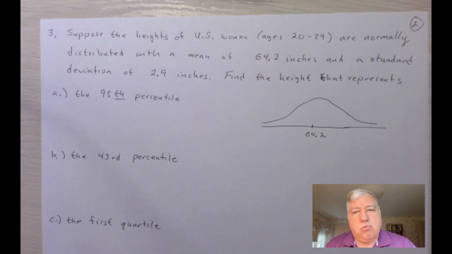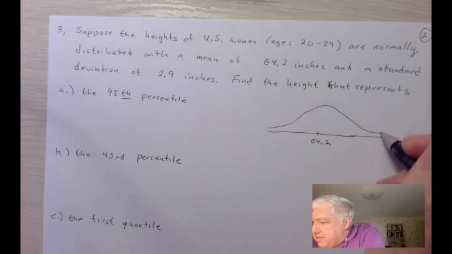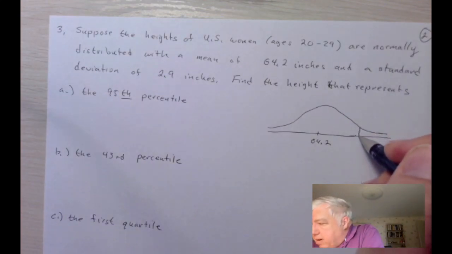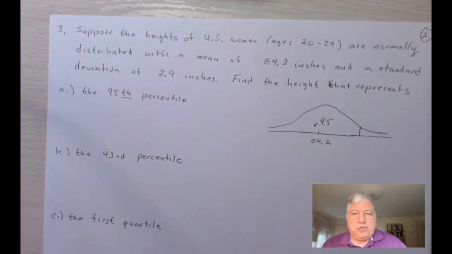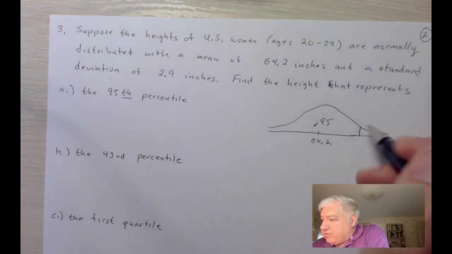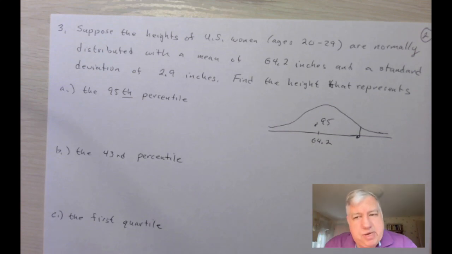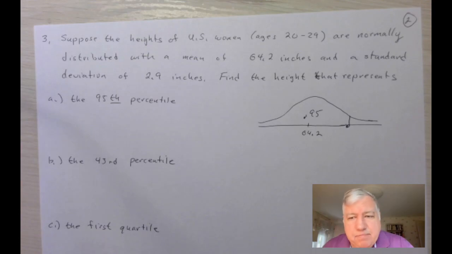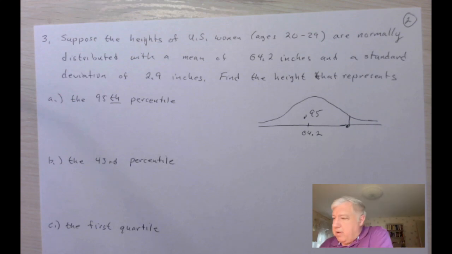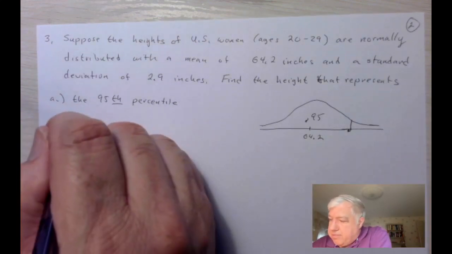What we really want to know is, what is the cutoff? We want to cut this region into two parts, where one region has area 0.95, and the other region would be 0.05. So we're trying to find this boundary here, and there might be a woman having that exact height, but it doesn't matter. Whatever that number is going to be the 95th percentile, meaning that 95% of the heights are less than this number.